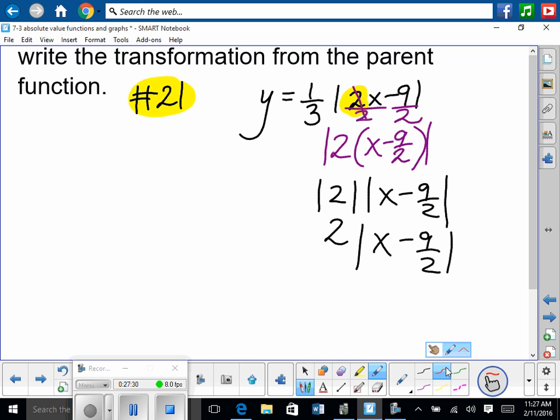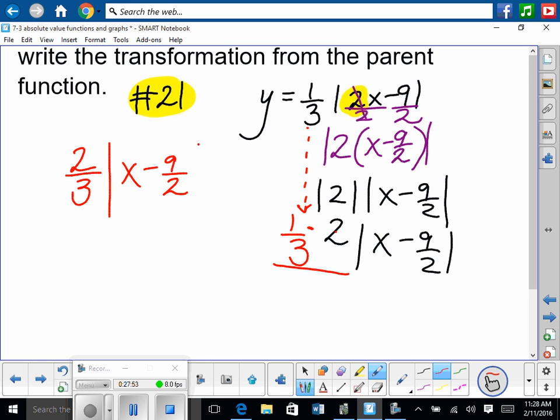If you have something multiplied in front and you ignored it, you can't forget it. So we have times 1/3, right? So then we can just multiply those together. When you multiply fractions, you multiply straight across. So 2 times 1 is 2. So we have 2/3. I just multiplied those together. And then we have absolute value of x minus 9/2. And now it's in graphing form.